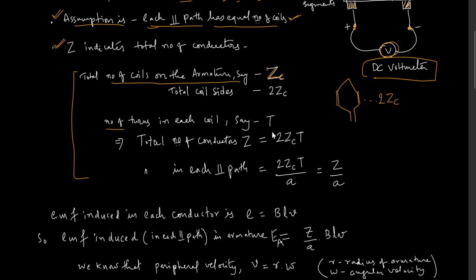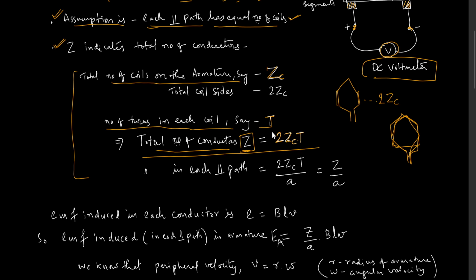Now a coil can be single-turn or multi-turn. It may have so many turns like this, not only a single turn. So if I indicate by T the number of turns in each coil, then the total number of conductors will be 2 times Zc multiplied by T. This is the total number of conductors on the armature.